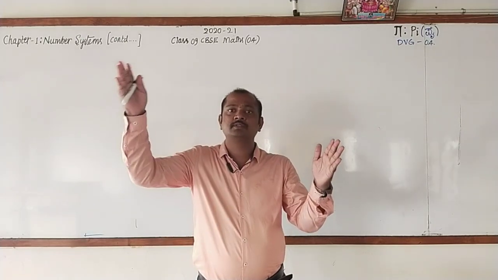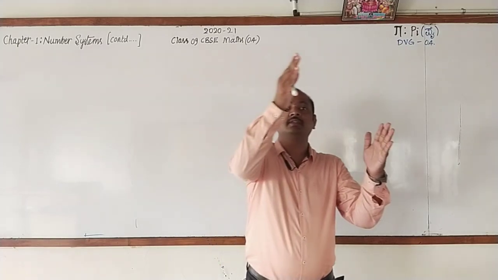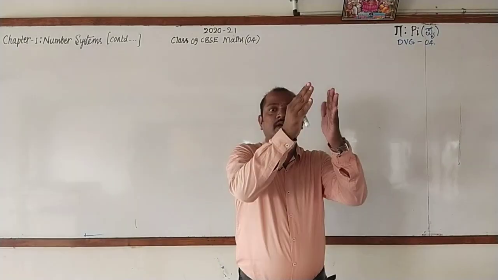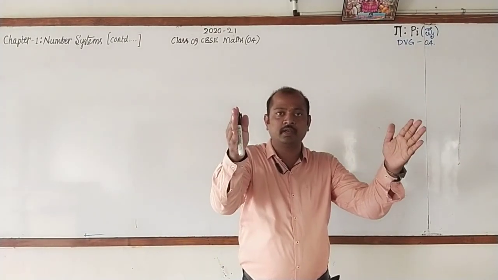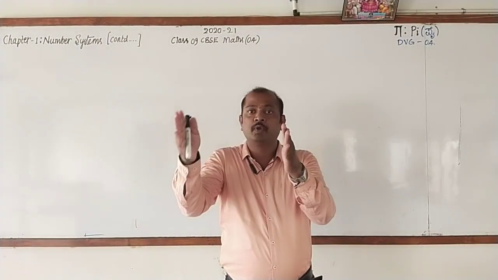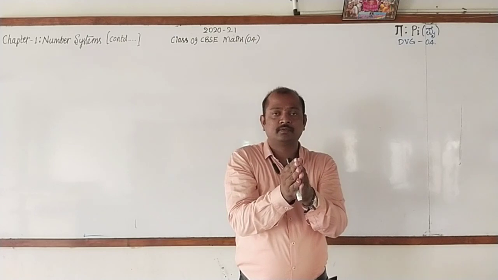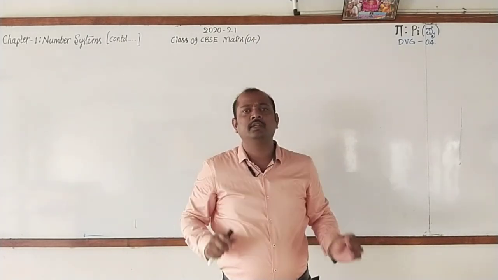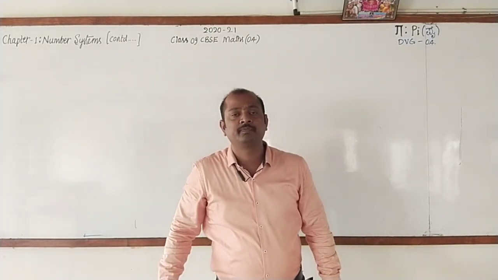The very first one is terminating, the second one is non-terminating. In non-terminating, again recurring and non-recurring. Then in recurring, pure and mixed. Got it? So these are the different types of decimals.